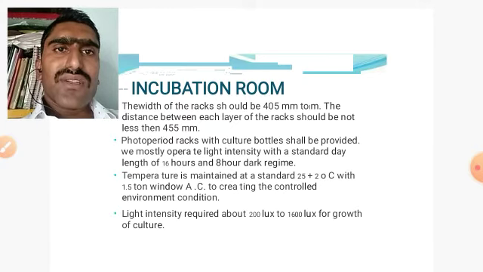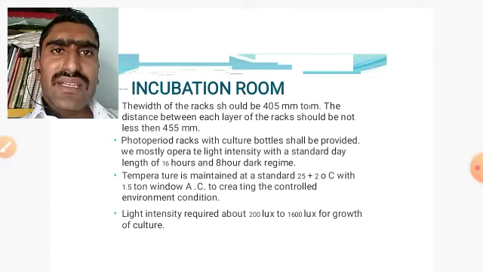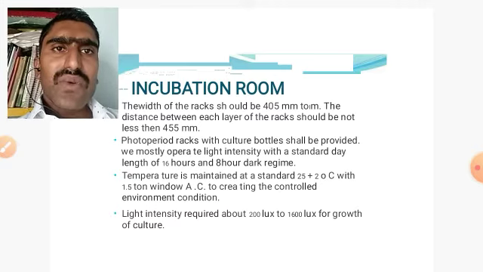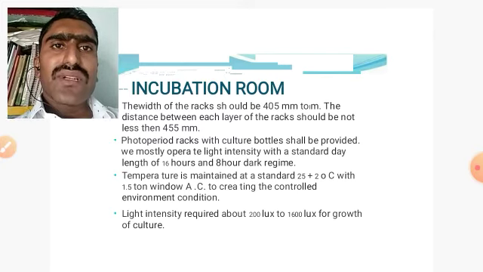For the incubation room we need an AC, which maintains the temperature inside the room. Racks, on which we can put our culture bottles, and the racks are connected with electric tubes with light intensity adjustment, and we have to adjust a 16-hour day period and 8-hour dark period.